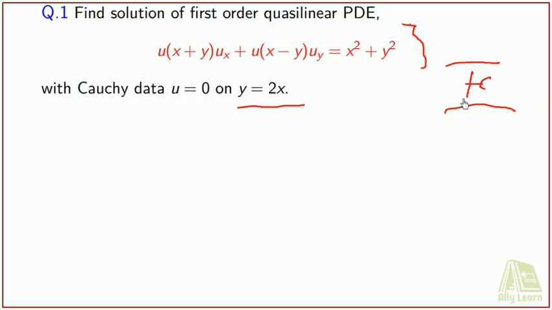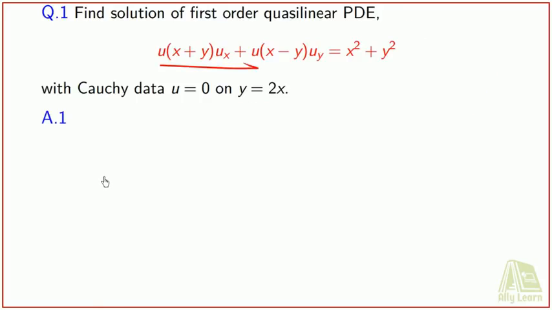Okay friends, so now let's start with the solution. First of all, we have to find the general solution of that first order quasi-linear PDE, and the general solution we find by Lagrange's method. So friends, this question we have also done in our previous lectures.